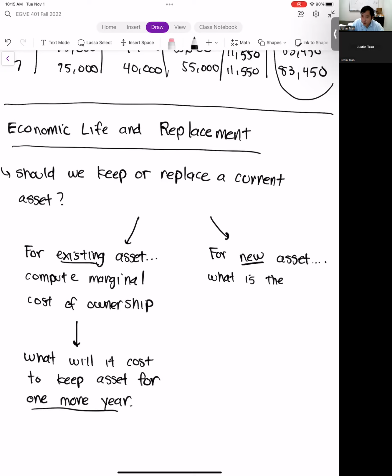In other words, we're computing the equivalent uniform annual cost of owning a new asset for a certain amount of time. Okay? And so to compute this, what you're going to need to do is an economic life analysis.